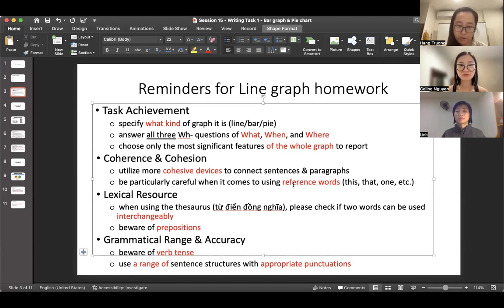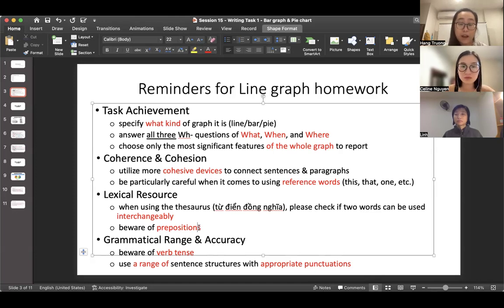Next one, lexical resource. Be very careful of prepositions, okay? Prepositions. Because when you do your homework, you have the freedom of using whatever reference material you have at your disposal.